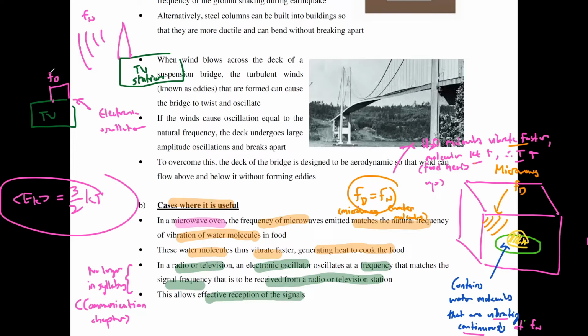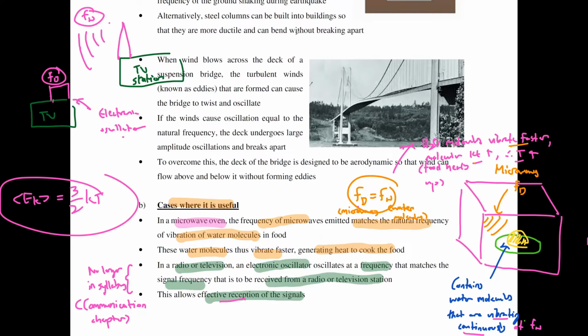You purposely change your driving frequency until it matches the natural frequency, or rather the frequency of your TV station. When the frequency of your electronic oscillator matches the frequency of your TV station, that's where resonance occurs. You will get effective reception of your signals. That's what we're trying to tell you here.